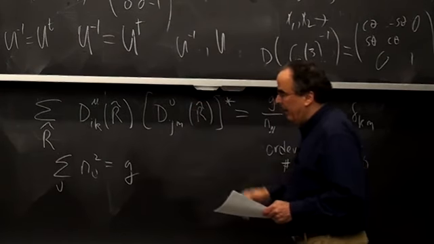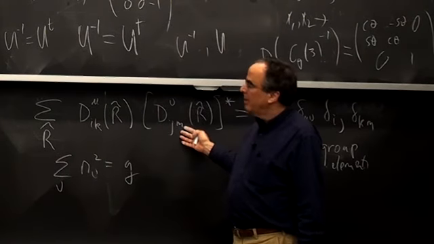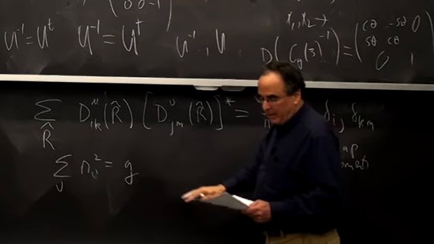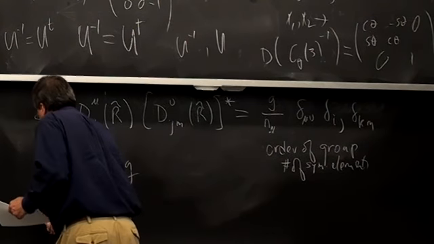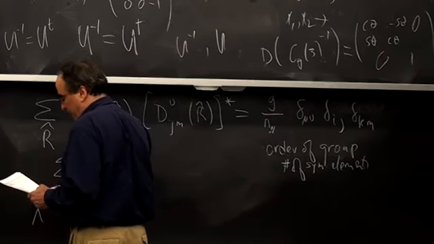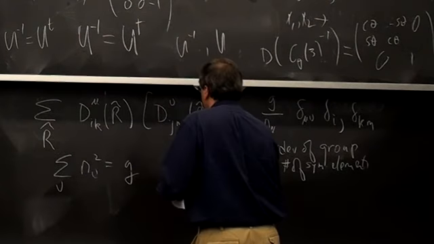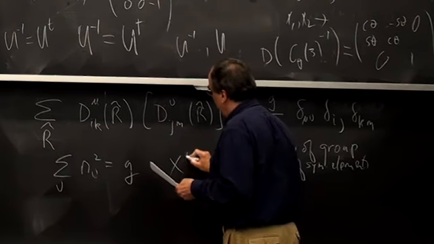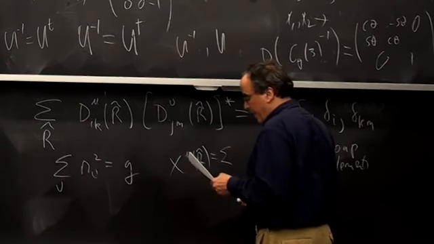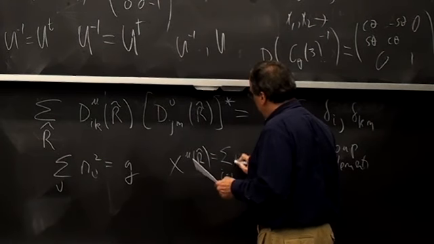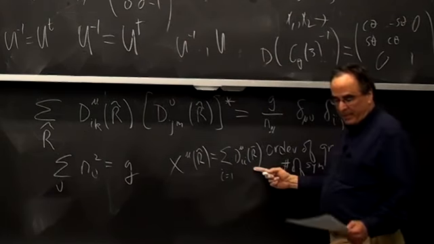This great orthogonality theorem can be simplified by simply taking the sum over the diagonal elements. And so we can write this reduced form. The character of the muth representation is just given by the sum over I of d mu I of R. So that's just the sum of the diagonal elements.